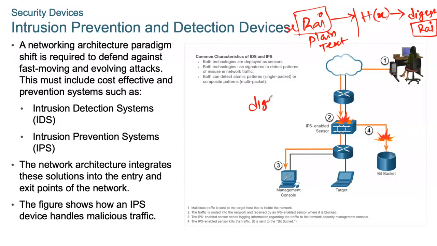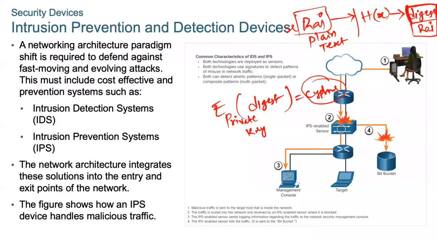Your digest is encrypted with the private key of your sender, which gives the ciphertext. Then the ciphertext, the encrypted form of your digest, is concatenated with the plain text. This entire thing is known as your signature.